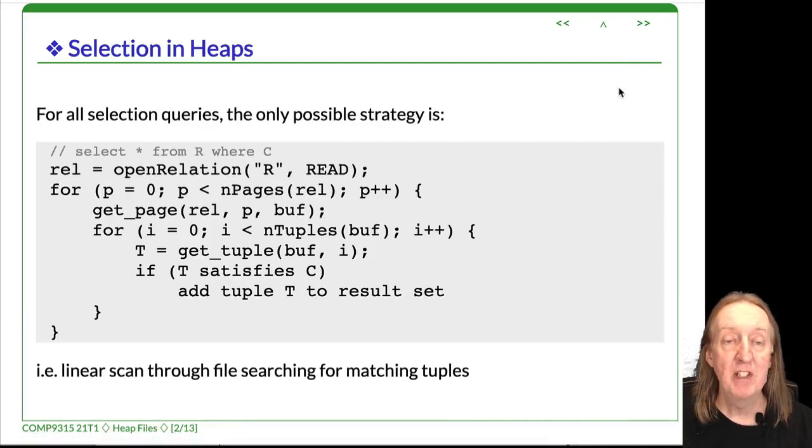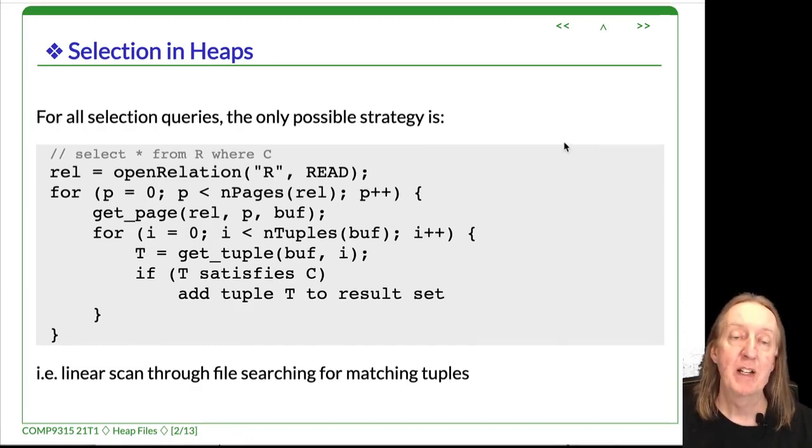Alright, so given that there's no ordering, the only possible strategy for handling a selection query is to read each page and look at all the tuples in that page and check whether any given tuple satisfies the query. If it does, we add it to the result set.